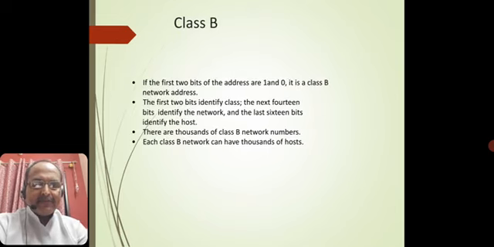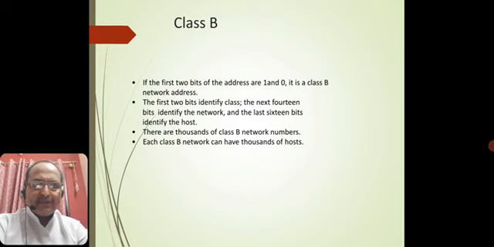Now in class B, what happens if the first 2 bits of the address are 1 and 0? Because these are the initial bits, we call them start and stop. Start is for the initial address and stop for where your address is terminated. So a class B network address begins with 1 and 0. The first 2 bits identify the class.